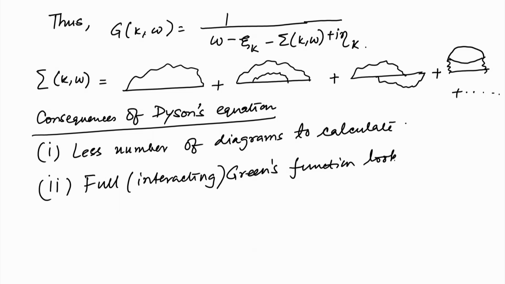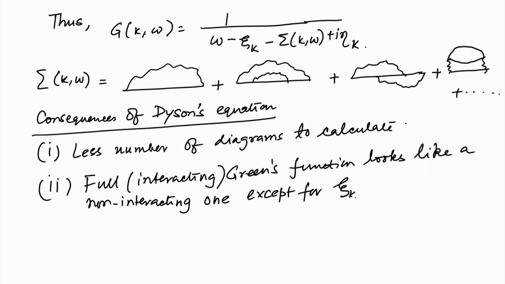The full Green's function looks like a non-interacting one, except that the energies are now replaced by xi k minus sigma k omega, as seen at this stage.